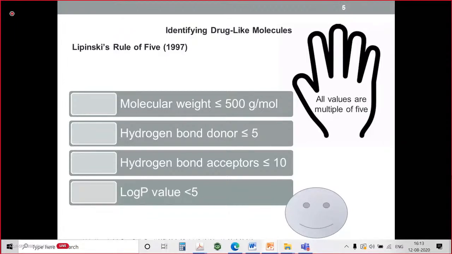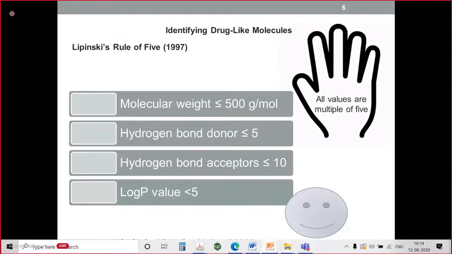If we start with a particular molecule that has a higher molecular weight, more hydrogen bond donors and acceptors, and a higher log P value, that may lead to consequences later on. We observed that most molecules later failed in clinical studies because of issues with the pharmacokinetic profile, such as low absorption, low distribution, low bioavailability, or a high rate of metabolism or excretion.